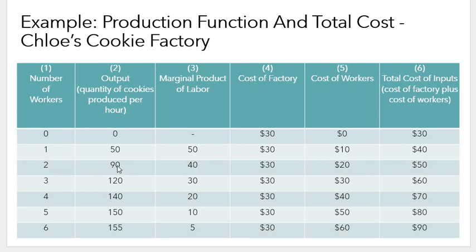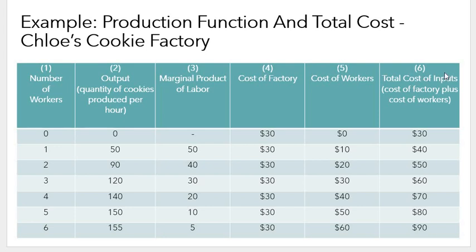The answer is 90 minus 50, which is 40. Similarly, you can pause here and verify that 30 is the difference between 120 and 90. That's how we calculate column 3 based on the information of columns 1 and 2.